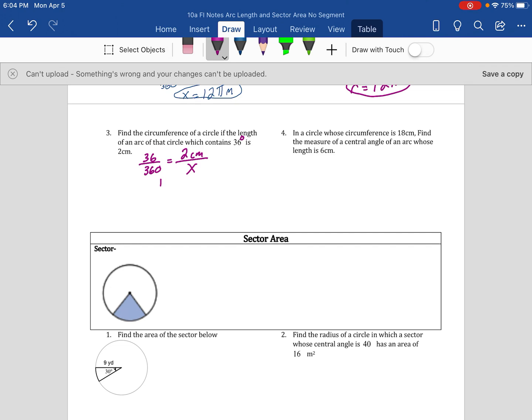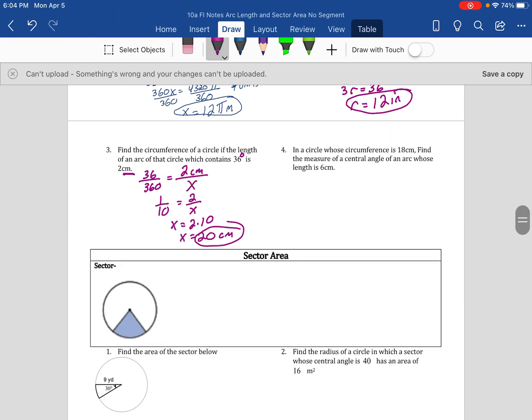I don't write the formula, I just write that. Now 36 over 360 is actually 1 over 10 equals 2 over x. x is equal to 2 times 10. x is equal to 20. We look at our units, 20 centimeters. And that makes sense because 36 over 360 is 1/10 of the circle.